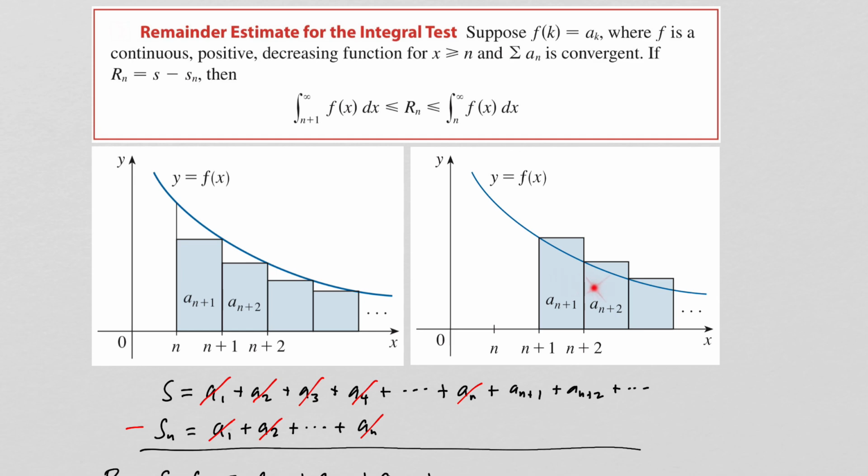And that same sum, the remainder, is greater than, right? Because you can see that these rectangles are above the curve. It is greater than the area under the curve from n plus 1 to infinity. So that is where these come from. So if you calculate both of these integrals, you get an estimate of that error.